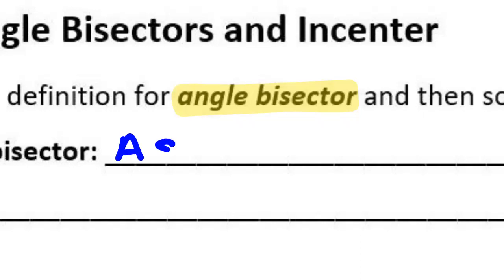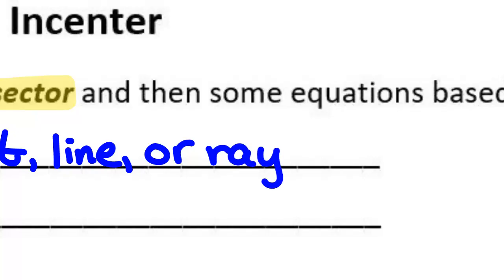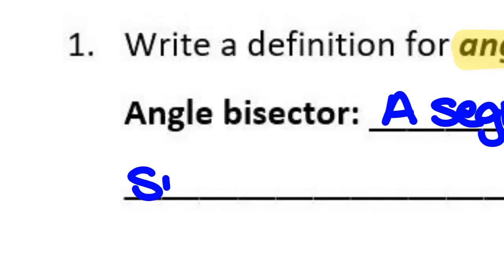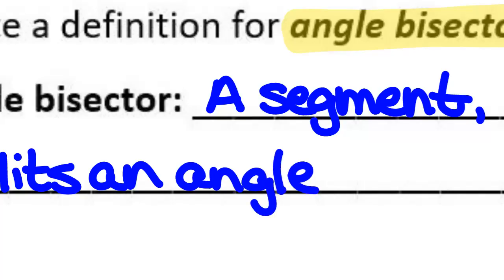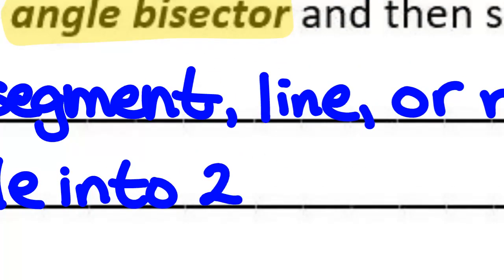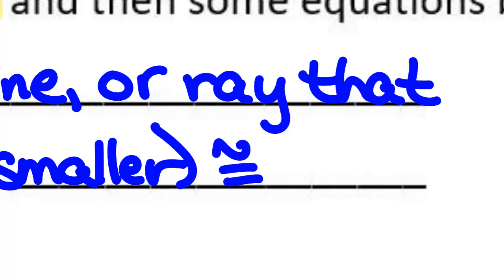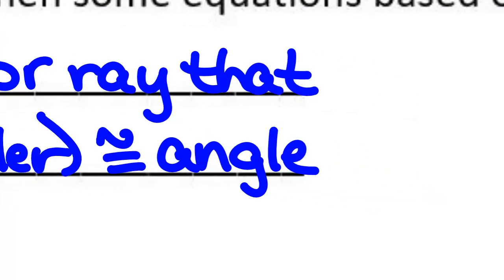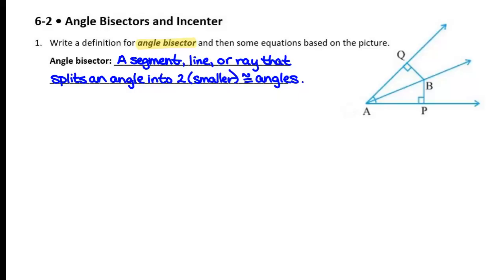An angle bisector is a segment, line, or ray that splits an angle into two smaller congruent angles.